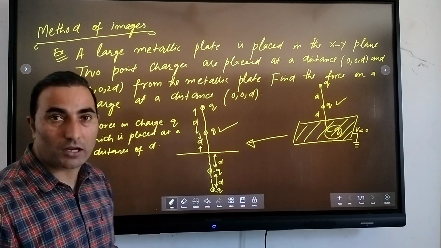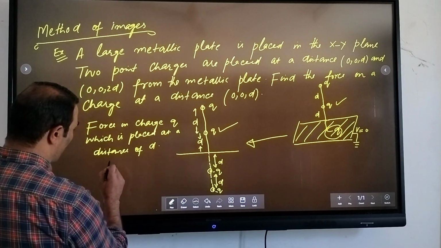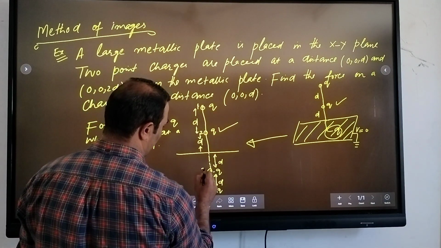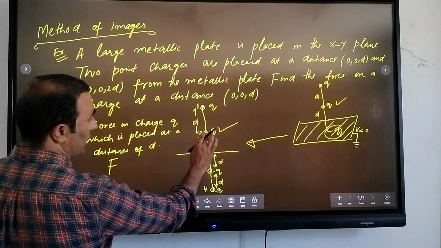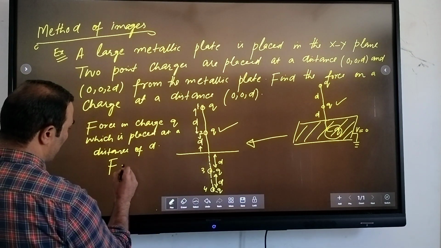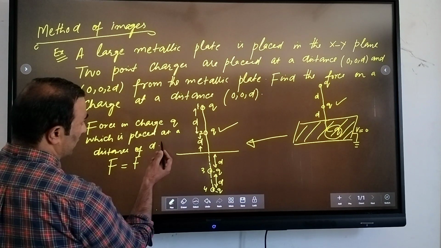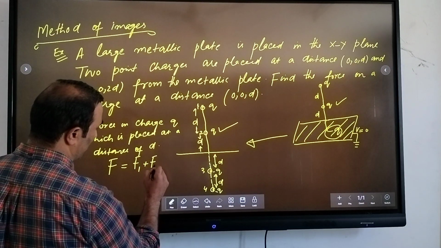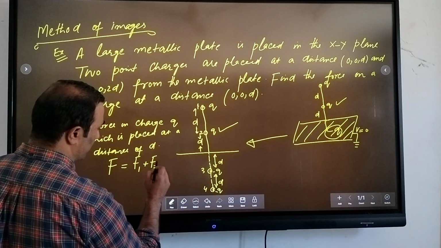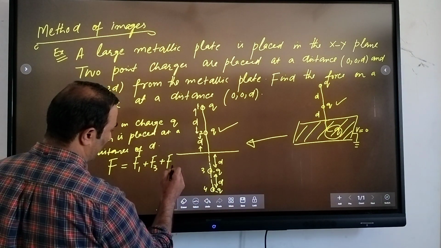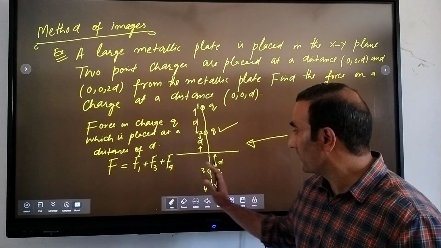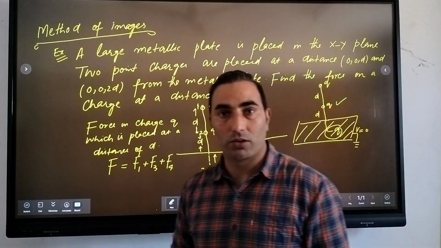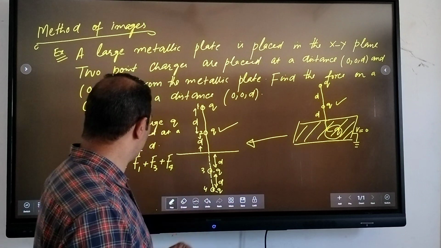So how much will the total force be on this charge Q? Suppose these are points 1, 2, 3 and 4. So the force on the charge placed at point 2 will be equal to the force due to the charge at point 1, plus the force due to the image charge placed at point 3, and point 4.